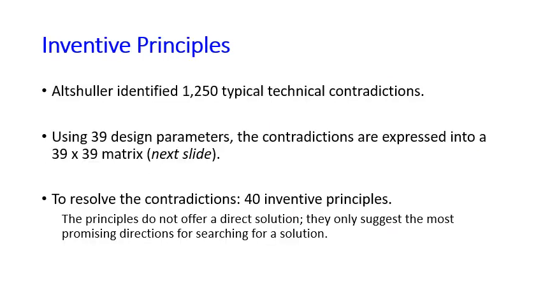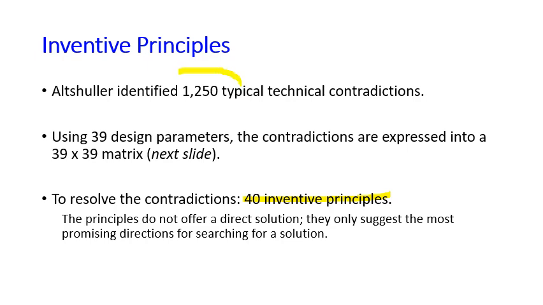When Altshuler did his research, he identified 1,250 typical technical contradictions. Using 39 design parameters, he can express those contradictions in a 39 by 39 matrix. We'll see this in the next slide. Interestingly, to solve all those contradictions, TRIZ offers 40 inventive principles.